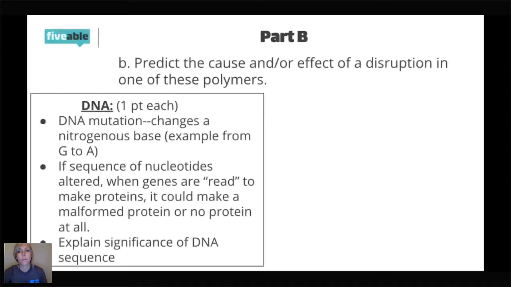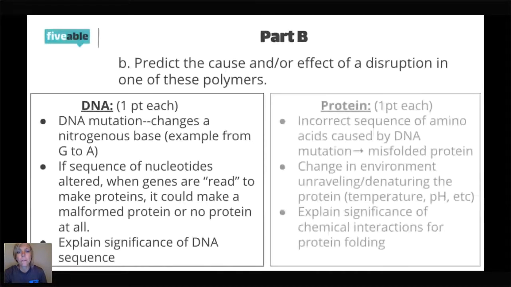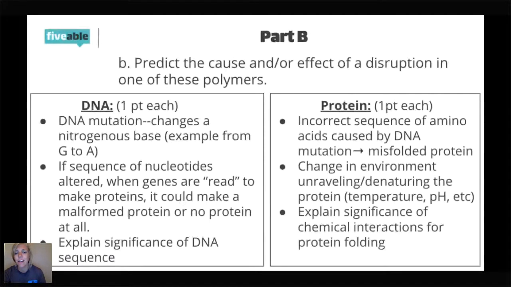If there was a disruption in protein, there's 2 reasons why that could happen. The first bullet point takes care of that. If there's incorrect or disruption of the protein, that could be caused by DNA, number 1, right? So if DNA is mutated, then the amino acid's not going to be the correct amino acid sequence. But the other thing that can affect or disrupt a protein is just the change of environment.